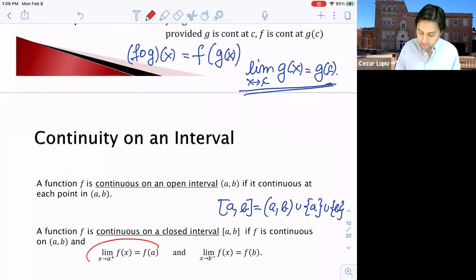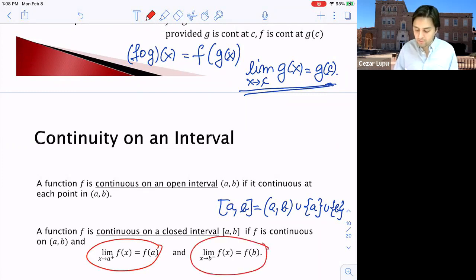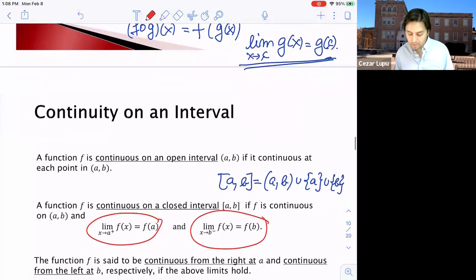The limit as x approaches a from the right of f is f(a), and also the limit as x approaches b from the left of f(x) will be f(b), right? Just like applying basically the definition. So they must agree at the endpoint.